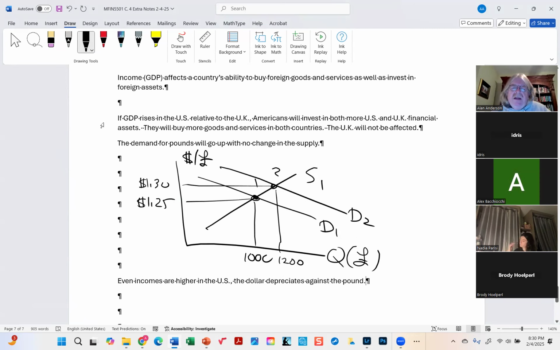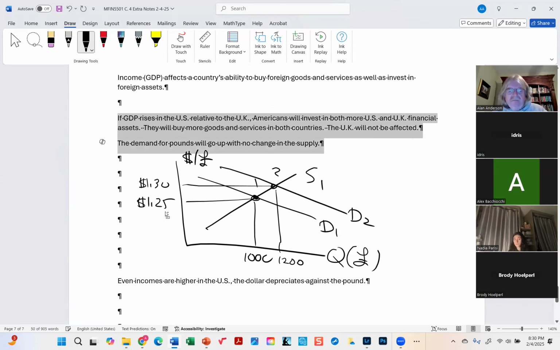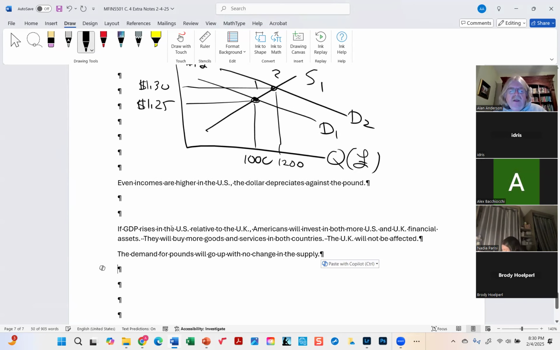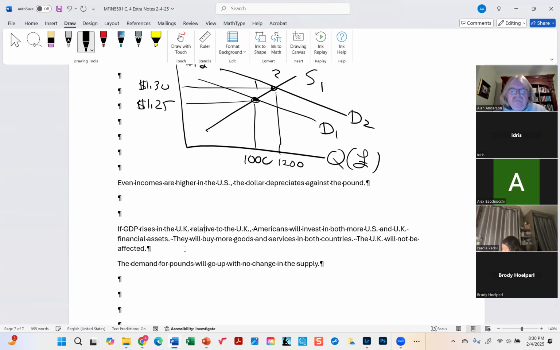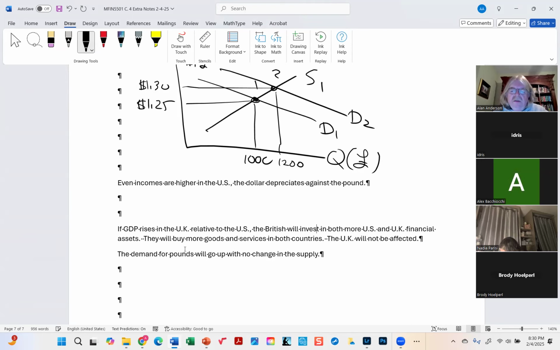Now, of course, it's the other way around. If your GDP rises in the UK relative to the US, the British will invest more in financial assets.